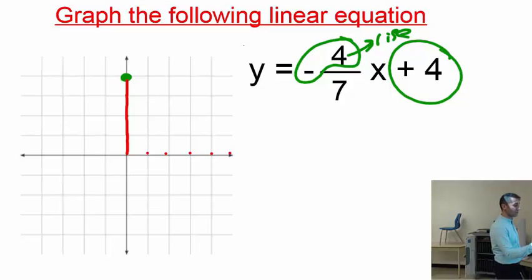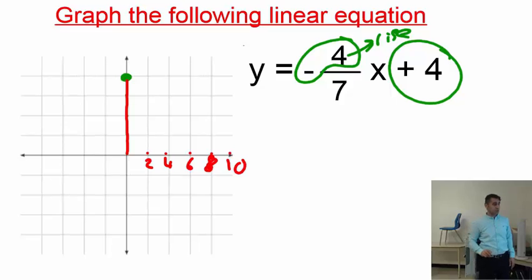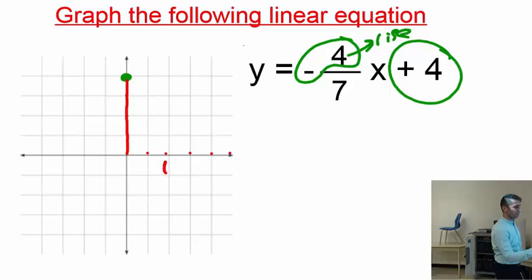So this will be 2, this will be 4, that will be 6, that will be 8. The last one will be 10. That's too many numbers here, so I'll just have a few: 4 here, 8 there. I am looking for 7. 7 is right between 6 and 8, so I'm going to go all the way to the middle.